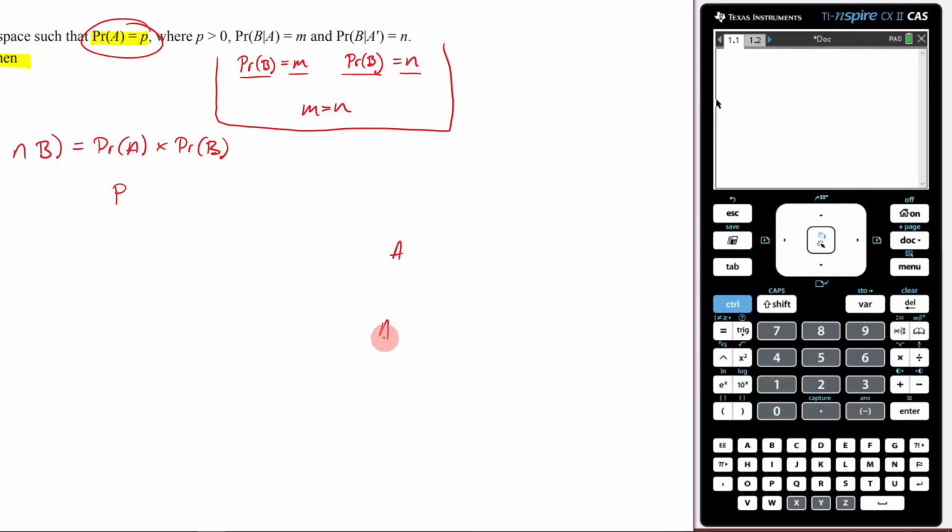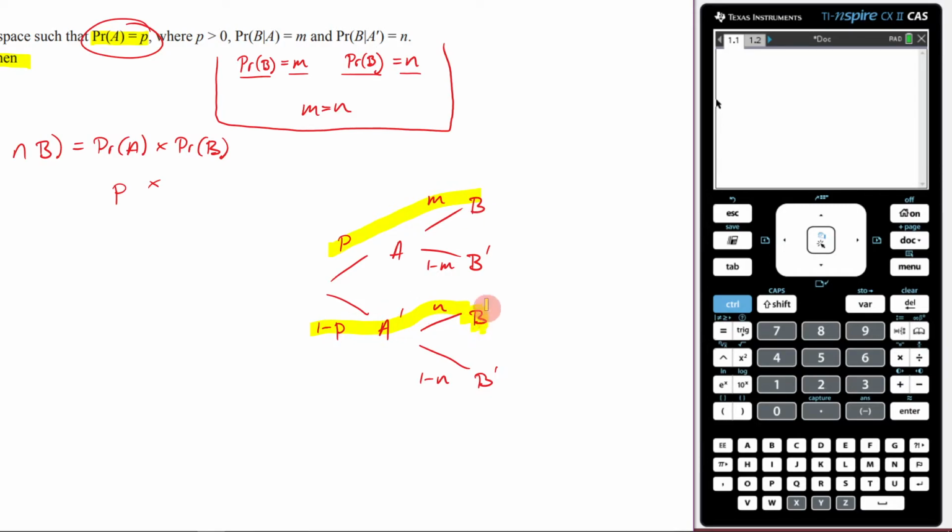I've got A or not A. That's going to be P or 1 minus P. And then B or not B. I know the probability of getting a B, given that I've got an A, is M, which means this is 1 minus M for not B. The probability of getting a B, given that I've gotten the complement of A, is N, which means this is 1 minus N. If I therefore want to get the probability of B, I'll multiply across this branch, and I'll multiply across this branch, because both of those get me B's, and then I will add those together.